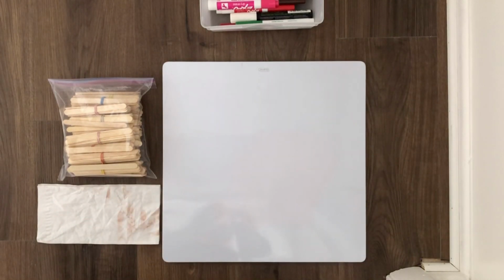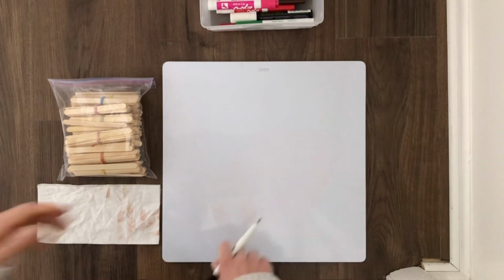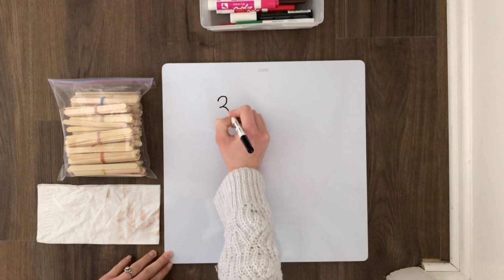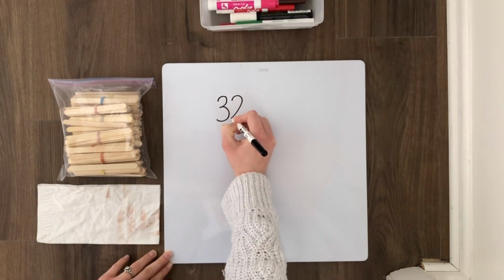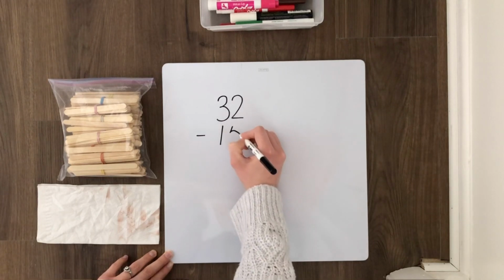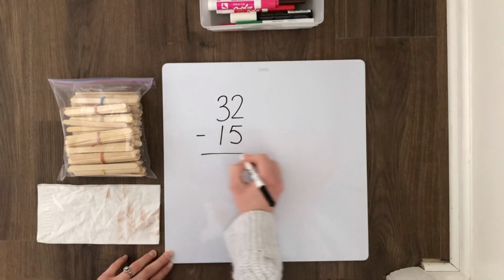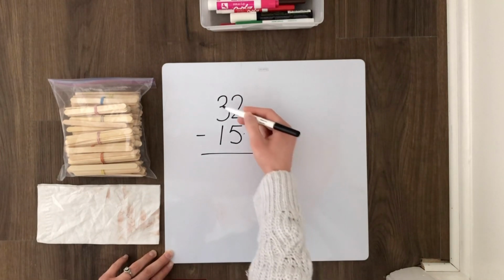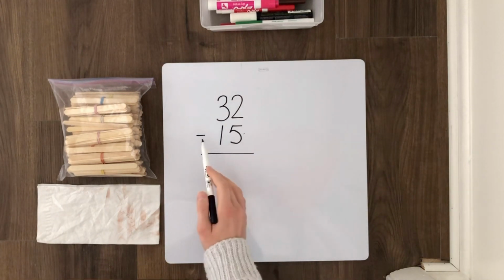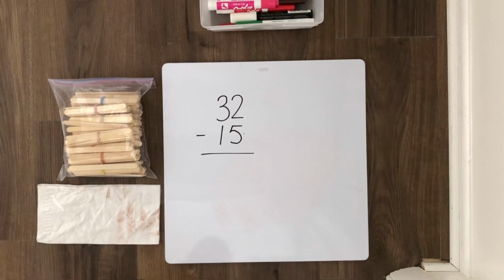On your marker board, I would like you to write the following. You are going to write 32 minus 15. Make sure you line up the ones and the tens. Please write that on your marker board. 32 minus 15.